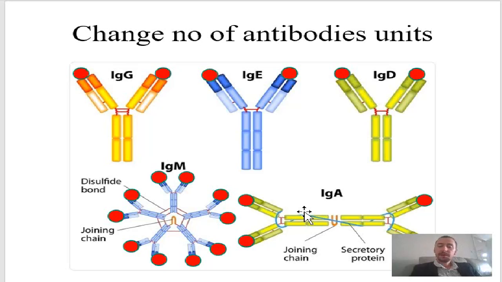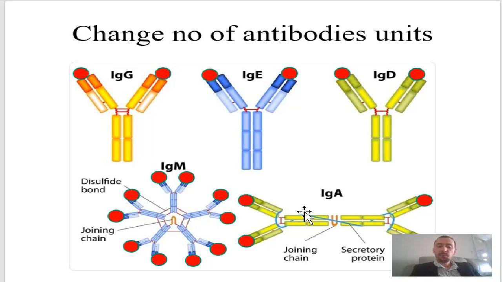Okay, now in terms of the immune response, the type of infection will dictate whether it's IgG, E, D, M, or A. But one thing I should highlight at this point is that when we encounter an infection or an infectious agent for the first time, the initial response is always IgM. Okay, that's the default.